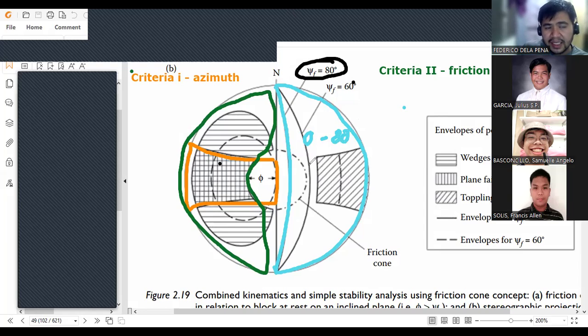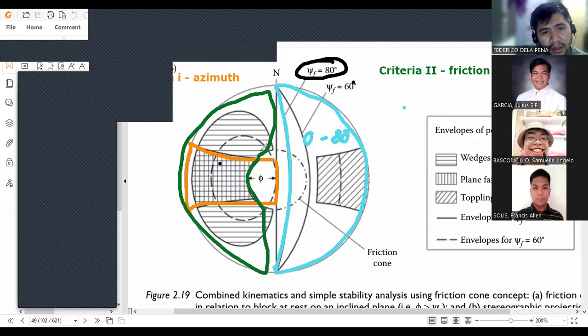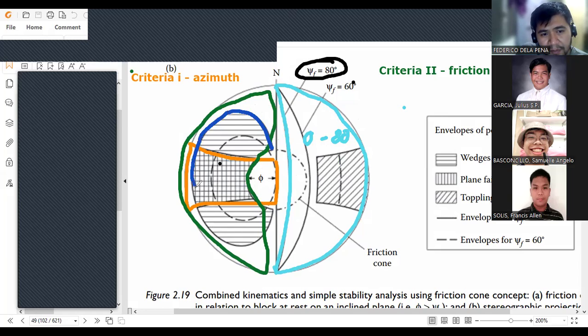So these are all the eligible discontinuity angles. If we translate that into a pole plot, it would look something like this bean shape.